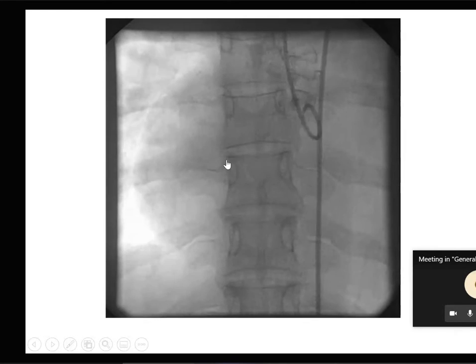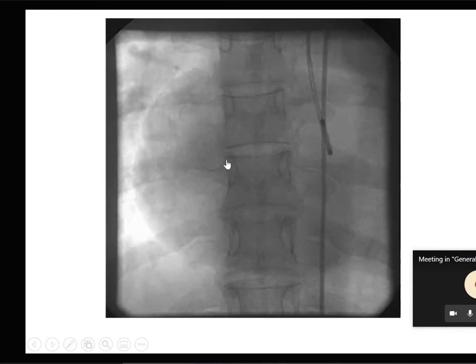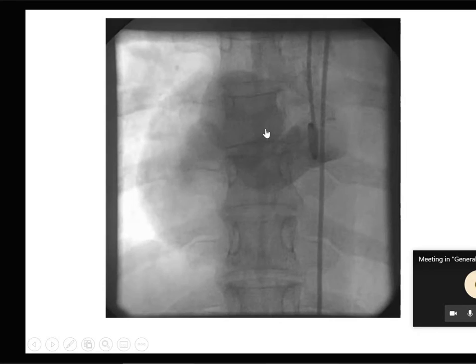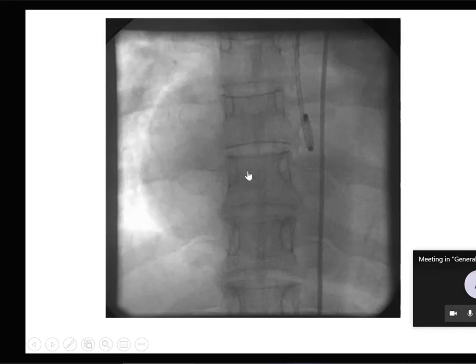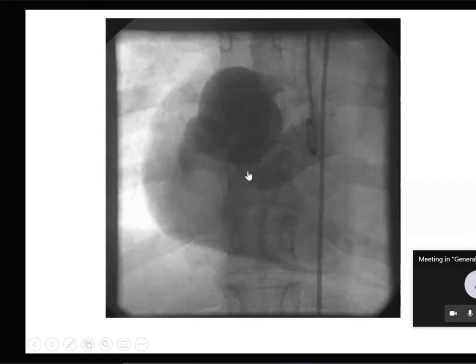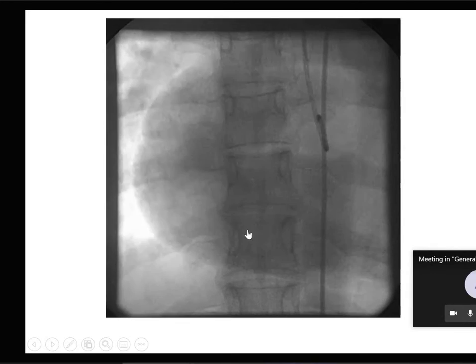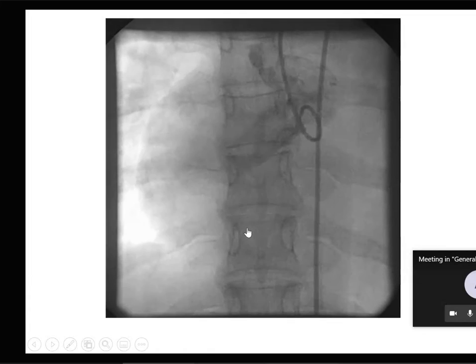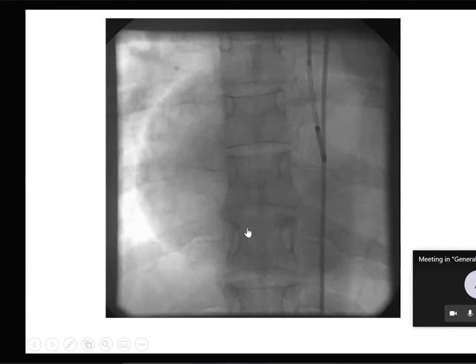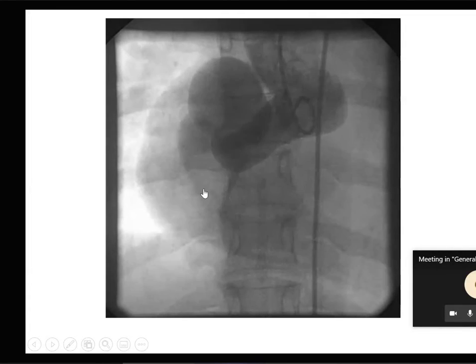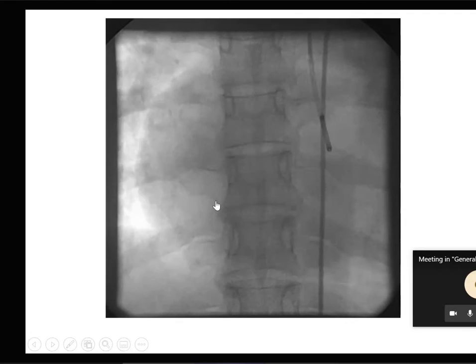It's a coronary cameral fistula. Coronary arteriovenous fistula. Where is this draining? RV. Then probably to the RA-RV junction.